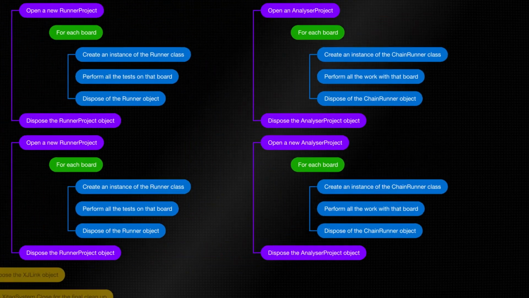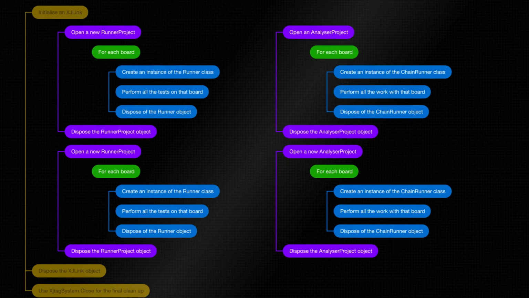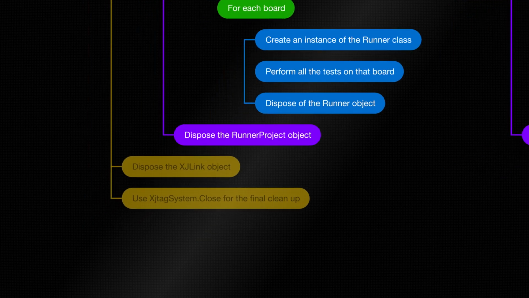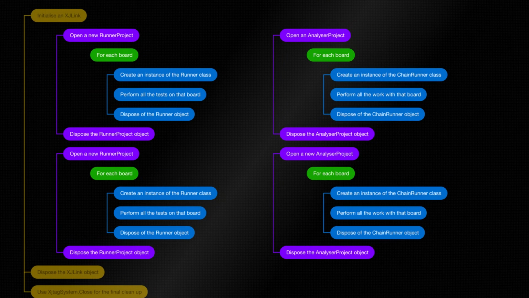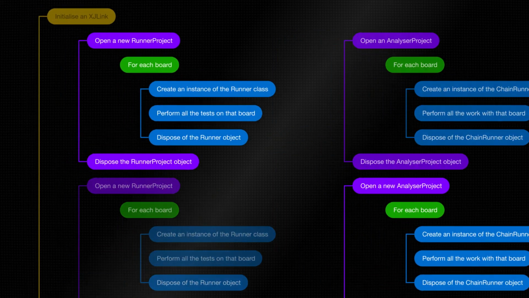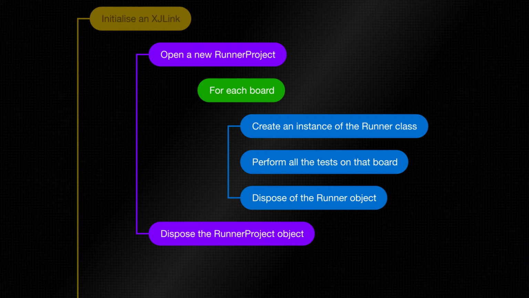Note that in neither of these cases was there any need to dispose the XJ link object or to perform a system close. What you see there is the normal routine for changing projects, but if you're switching from a Runner project to an Analyzer project, there's a faster process you can follow. Instead of disposing the Runner project, you can convert it to the other type.